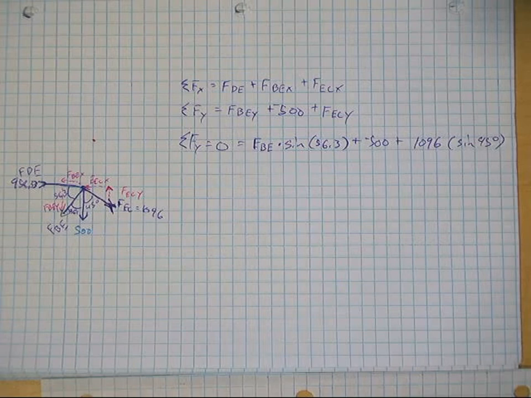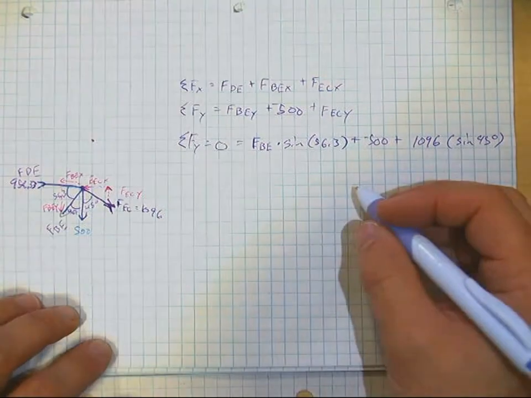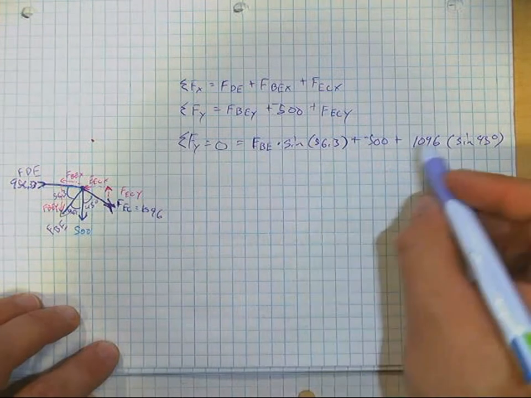All right, so we're going to go ahead and solve it partially. 1096 times the sine of 45 equals 774.98. Okay, so that's a positive, right?